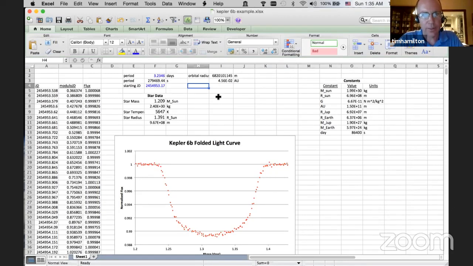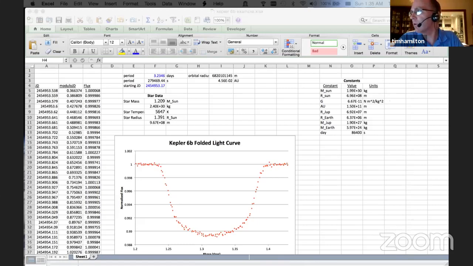All right, the next thing we want to do is get the size of the planet. So we've got the orbital radius purely from the period. Next, we can get the size of the planet by looking at how deep this well is.